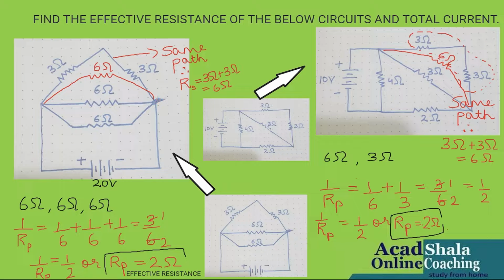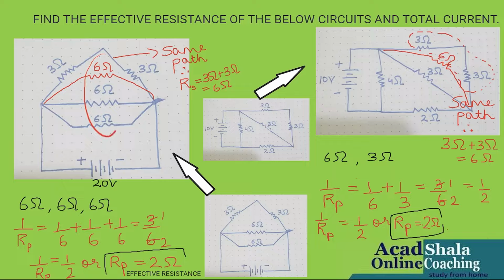When I have kept this 6 ohm collectively like this, I observe that this 6 ohm, which I calculated after adding in series, became parallel with the other circuits. Look at this: 6 ohm, 6 ohm, 6 ohm, one under the other. So 6 ohm, 6 ohm, 6 ohm becomes parallel.